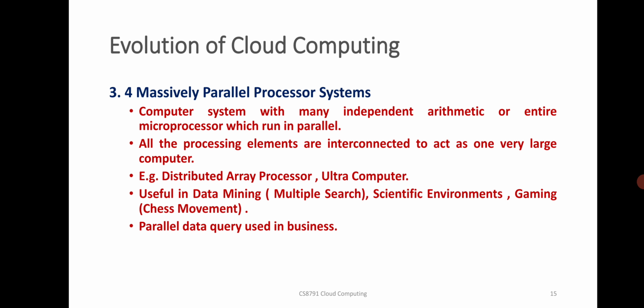Computer system which may have independent arithmetic units or entire microprocessors which run in parallel. All the processing elements are interconnected to act as one very large computer, as a single unit. So useful in data mining, scientific environments, gaming, etc. So parallel data query used in business.